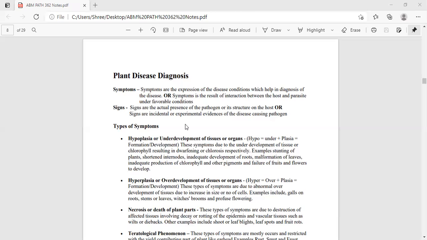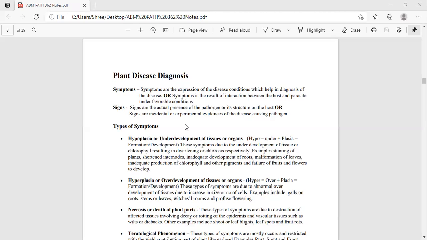What happens in the case of symptoms is that we can see only the sickness of the plant, or sometimes external misbehavior or physiological disorder. But we don't know whether it occurs by the pathogen or by a drought condition or lack of irrigation facility, because externally only the sickness of the plant can be seen.